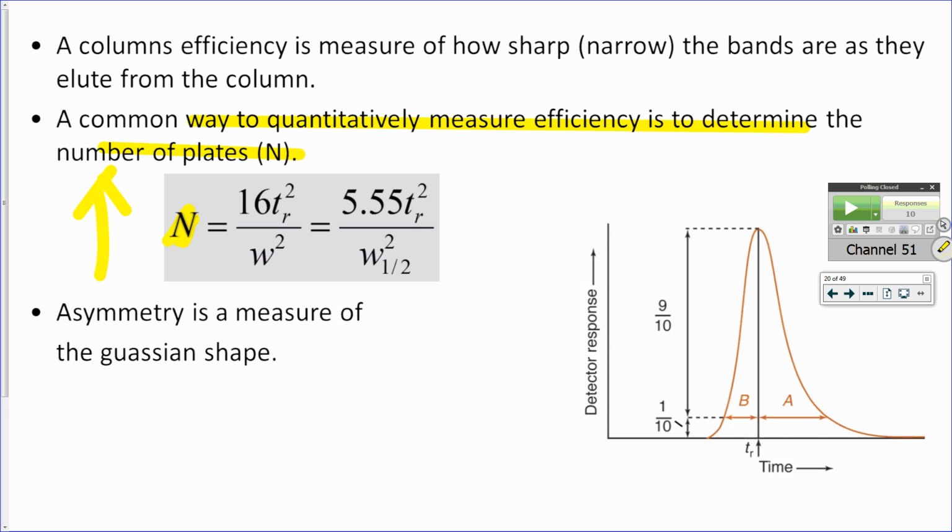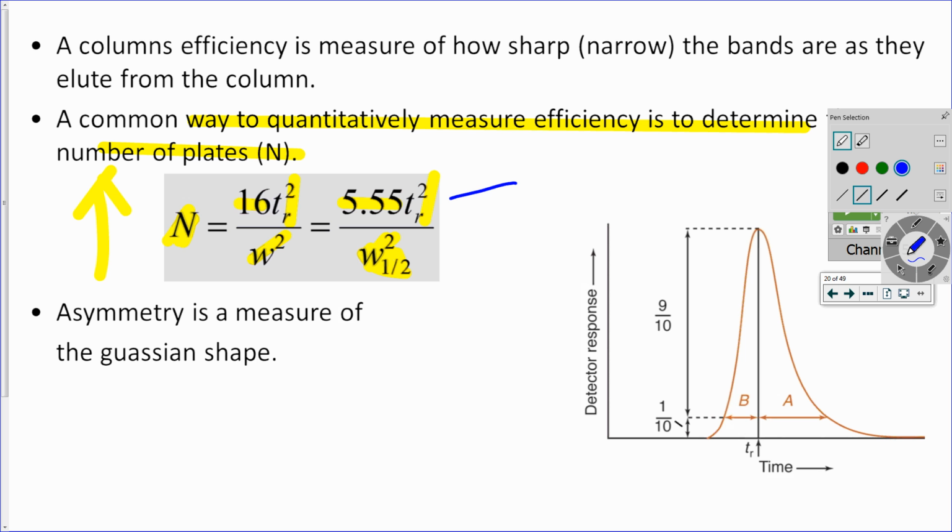If you use the width at the base, it's 16 times the retention time squared divided by the width at the base squared. Again, half height is the most common one we use. So it's 5.55 times the retention time squared divided by the width at half height squared. The key with this one, as with the other ones, is to make sure the units of time are the same. Same units. All right, so we want those two things to be maximized.